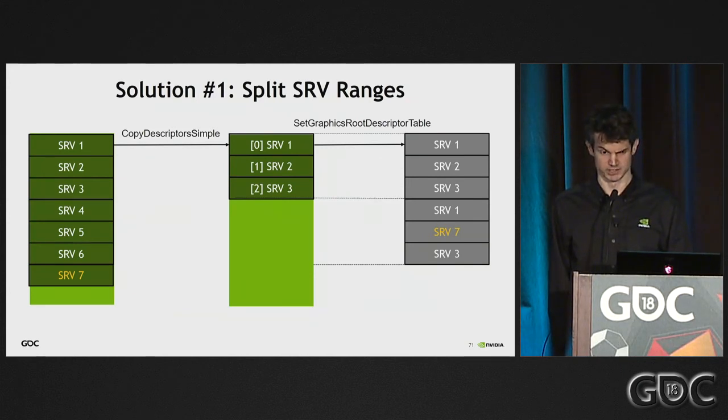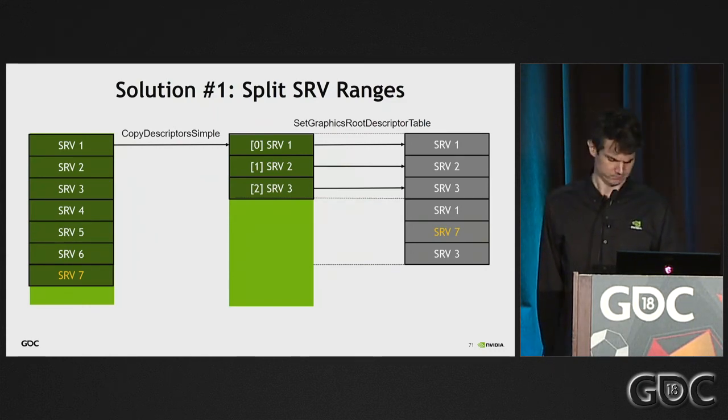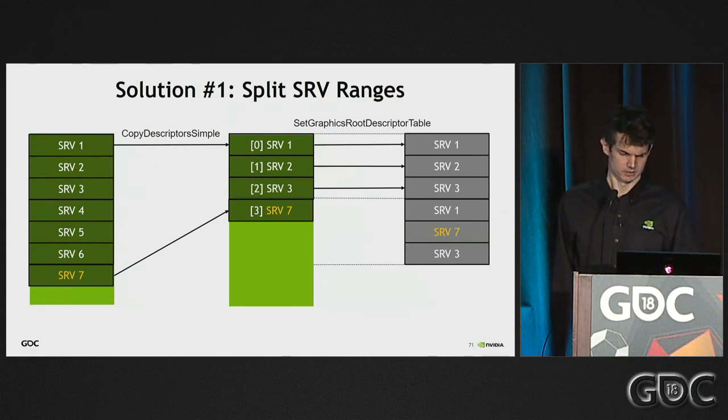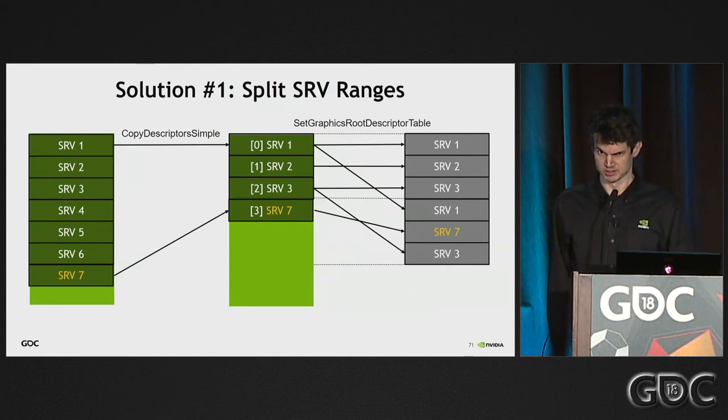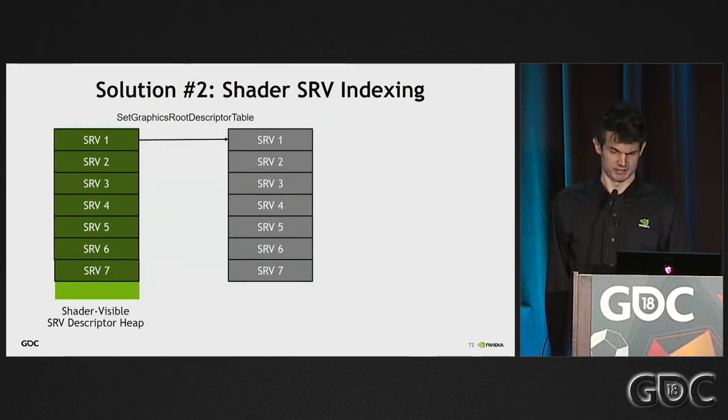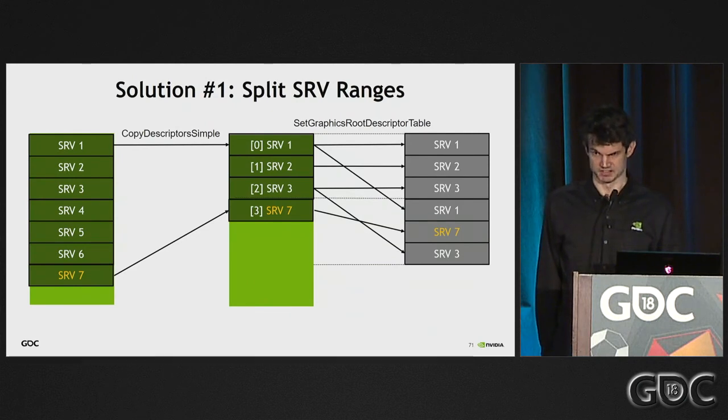Before there was a single call here, but now because there are 3 tables, you have to do 3 calls to bind the 3 tables. And for binding the remaining ones, you again have to do 3 calls. So this is exploding the number of set graphics root descriptor table calls. And these calls are actually quite heavy. They both have CPU and GPU overhead.